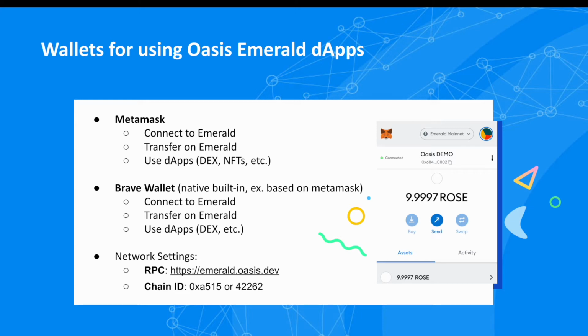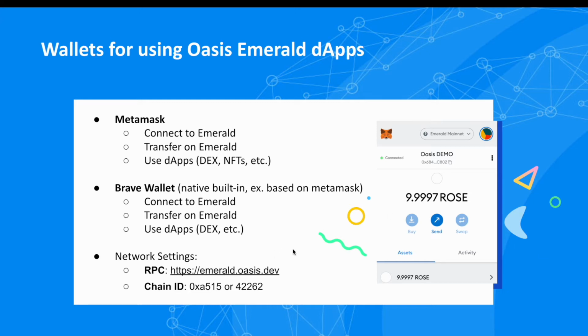Nowadays, this is pretty simple because you can go to docs.oasis.dev and scroll down to Emerald, and you will have two buttons where you can click Add Network to MetaMask and it will be installed and configured for you automatically with just one click.